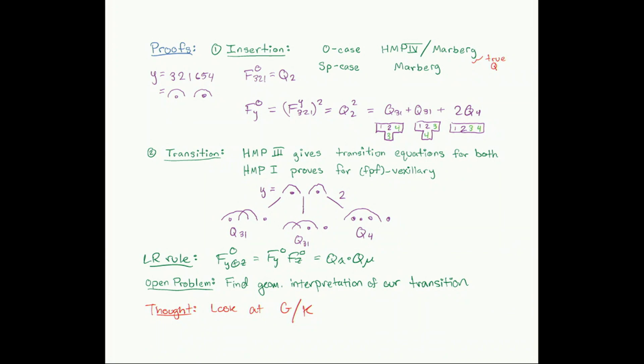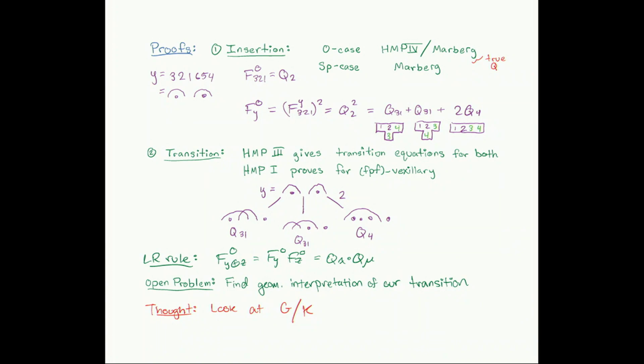I think it probably is something that makes sense if you look at the cohomology of G mod K rather than the K orbits, but maybe that's wrong. I'm not sure. So I think this would be an interesting thing to understand for those who are interested in the symmetric spaces: where does our transition equation come from? There isn't an analogous thing in the clan setting that Anna talked about.